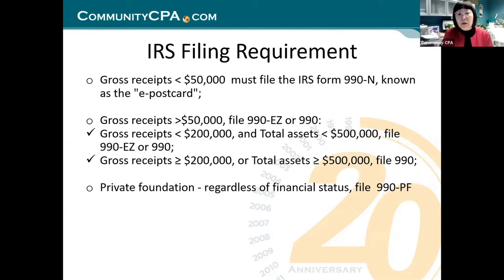And also, if you are applying for grants, and the grant requirement says to submit your 990 for us to review whether you qualify for the grant, you probably don't want to tell them, "Oh, I just did an e-postcard, there's no information on here, and this is my 990-N."